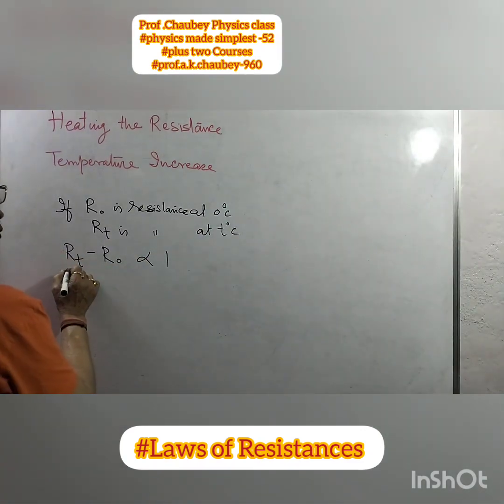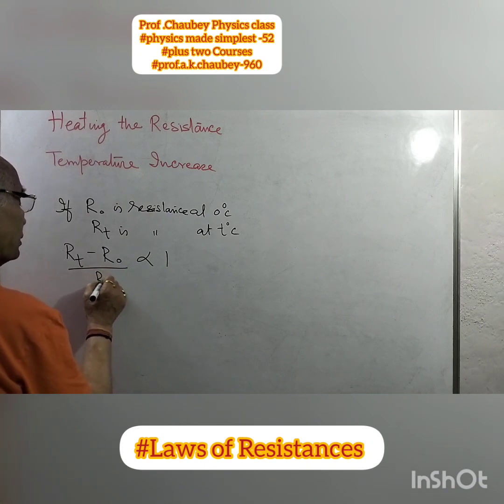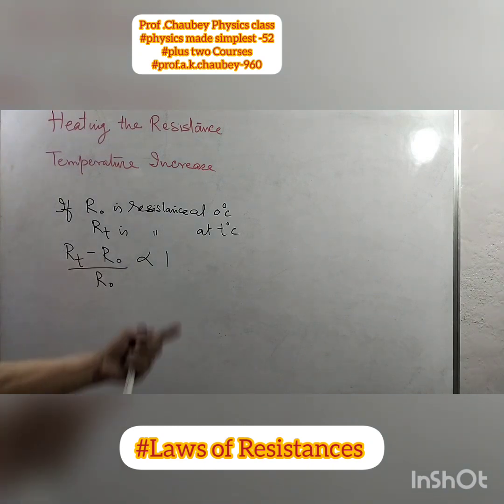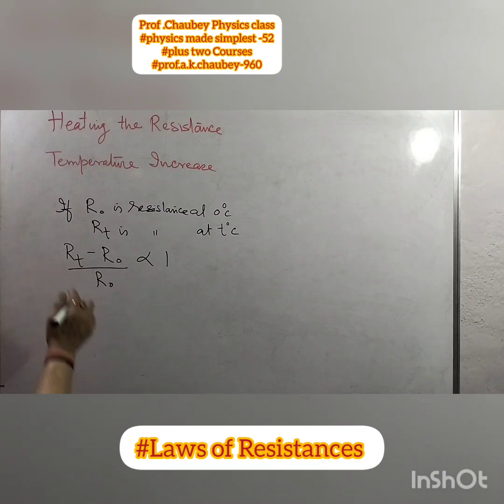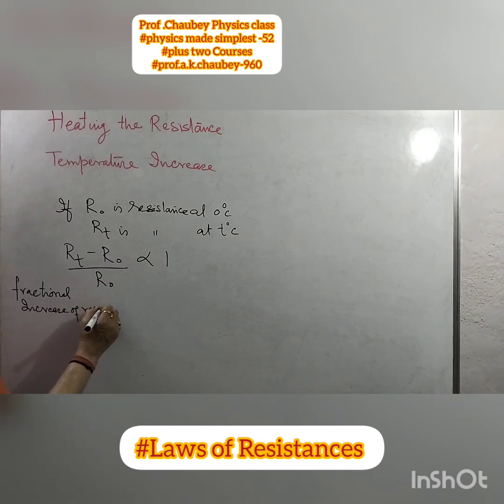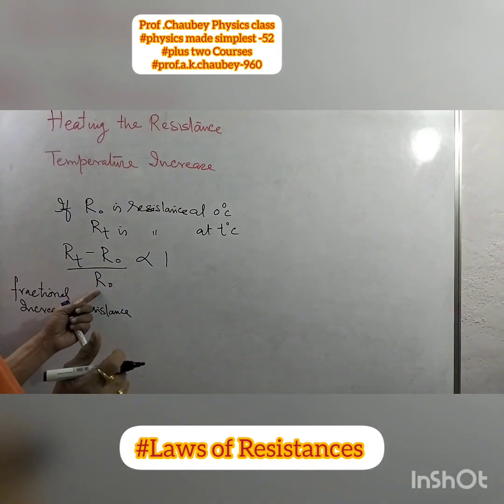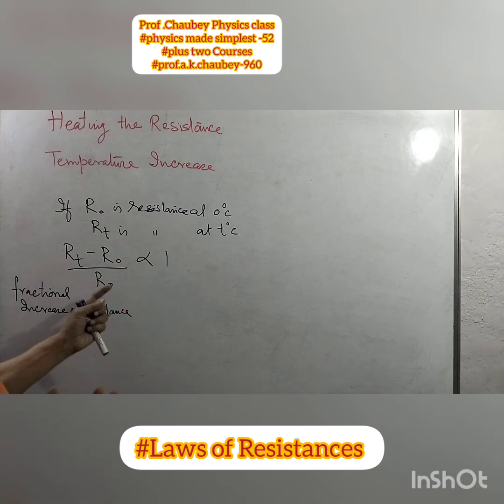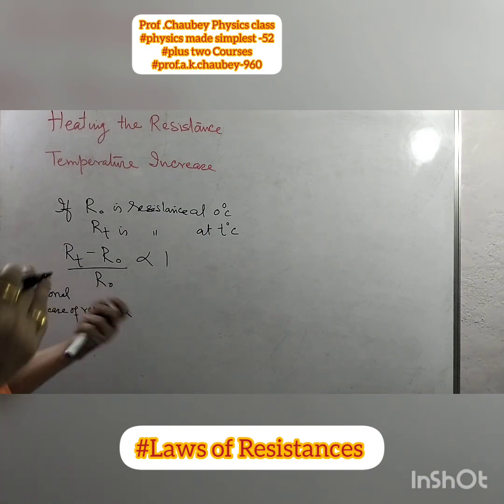or to the fractional increase, you can say RT minus R0 over R0. That is the fractional increase of the resistance. RT minus R0 is the increased resistance, divided by R0 becomes a fraction. If R0 is initial, what fraction increases?